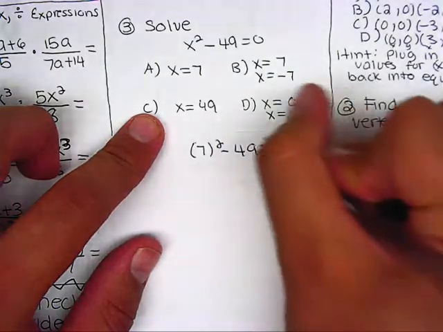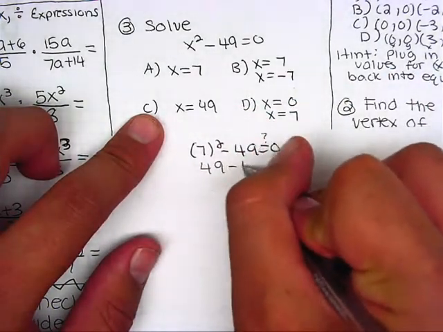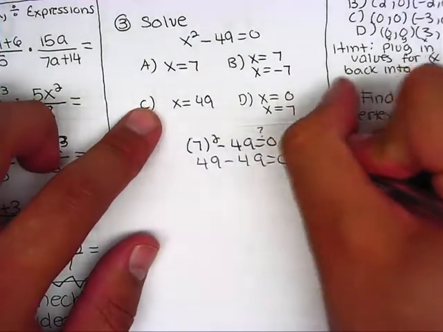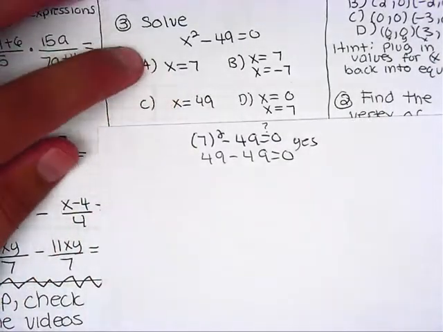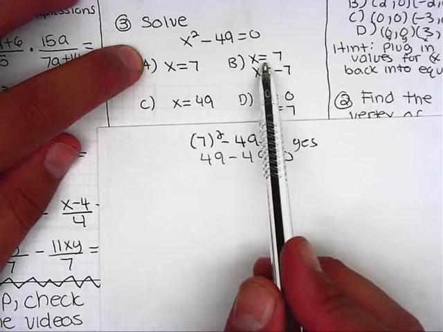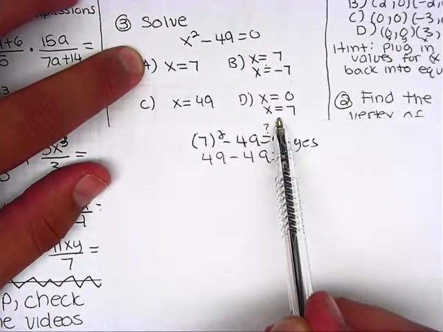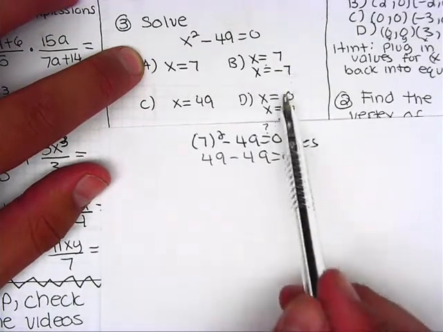Let's check to see if that's true. 7 squared is 49. 49 take away 49 is equal to 0. Yes. Now before I choose A as an answer, I have to look at my other answer choices. I also see that B and D also have x equals 7. So I need to test if the other numbers also work.